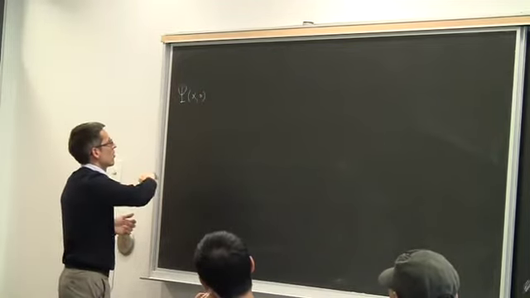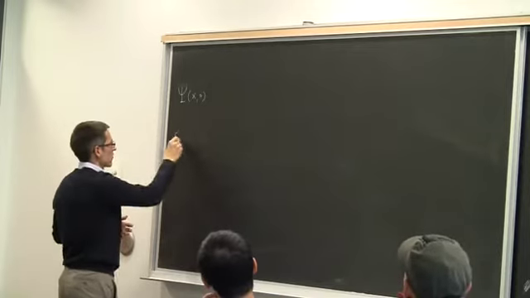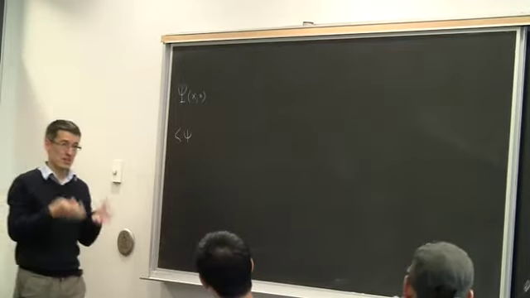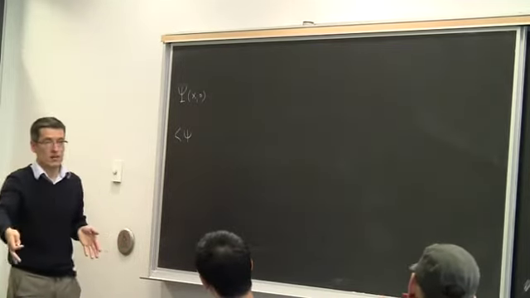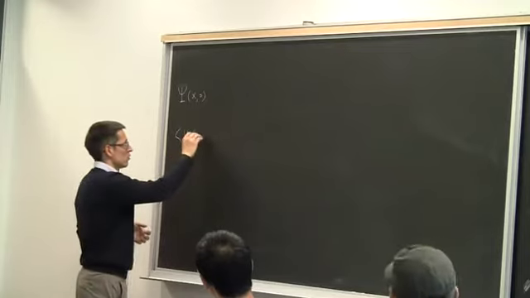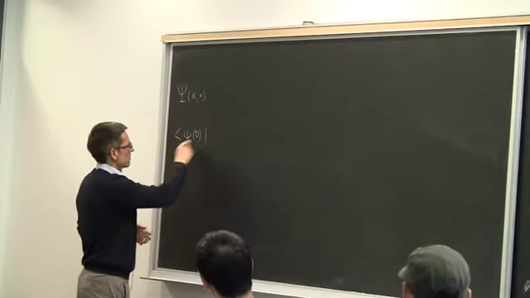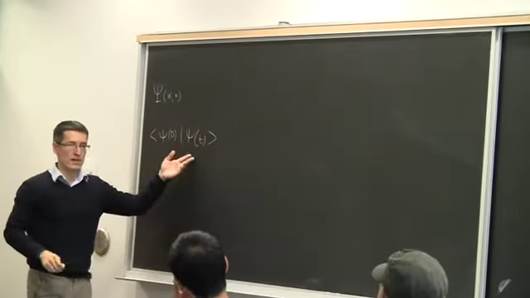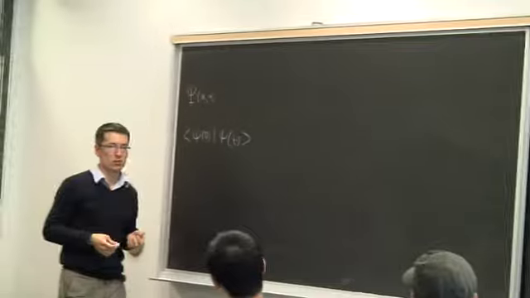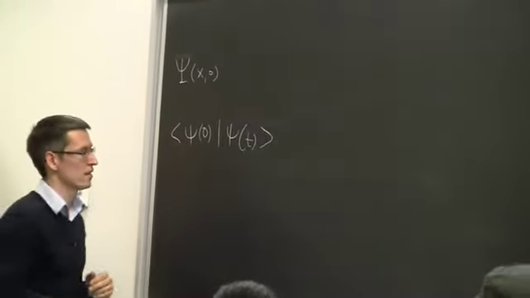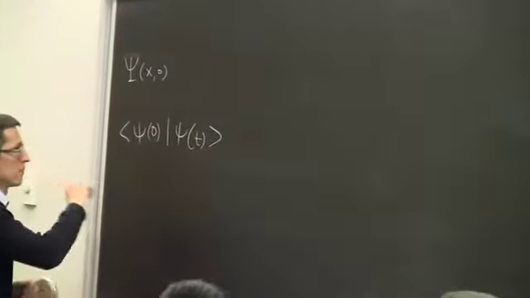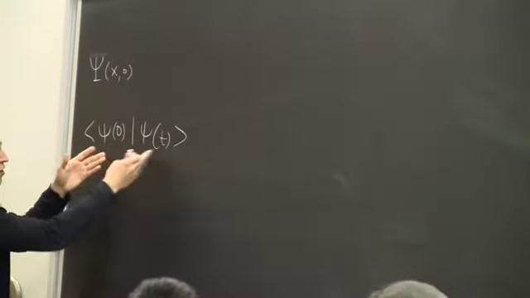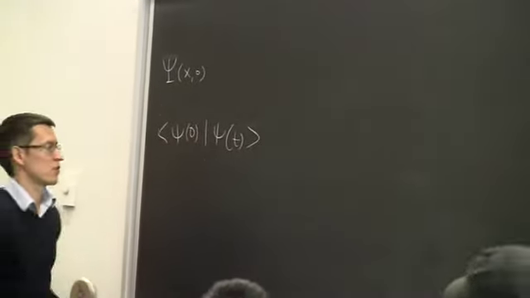An autocorrelation function is usually a function that averages some characteristic for time 0 and a later time. So what we will be doing is taking the scalar product of psi at 0 and psi at t. I don't write x because x is an internal variable over which I'm integrating. This is an autocorrelation function because there is an overlap which I have as a function of time, between 0 and time t.